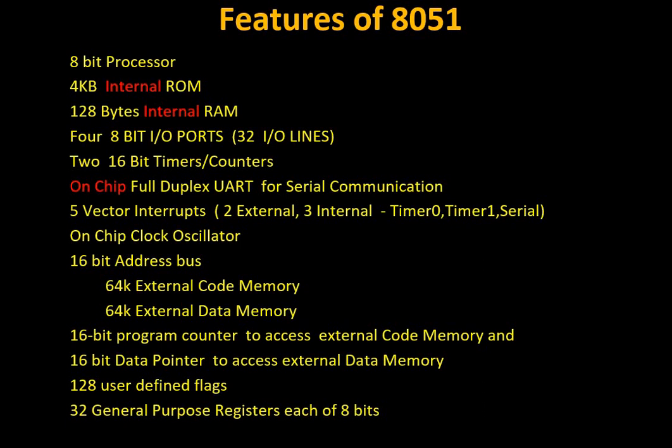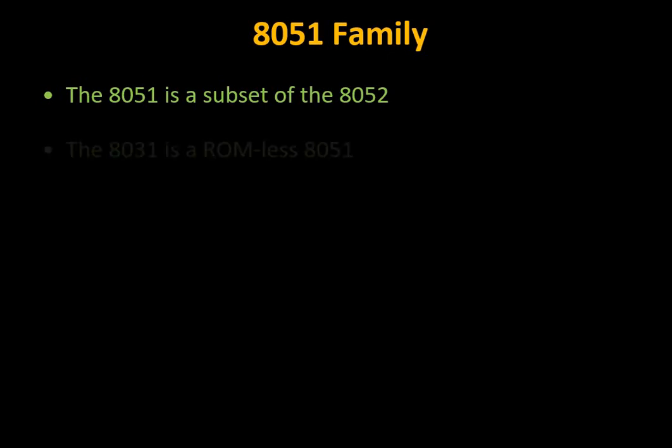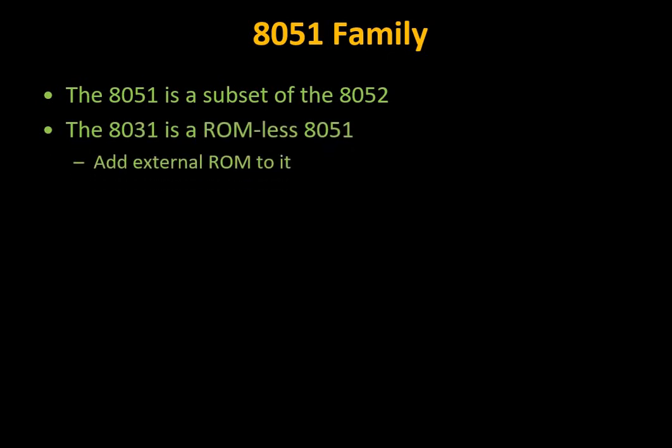Again there is a 16-bit address bus, which gives 64K external code memory and 64K external data memory. Also the 8051 has a 16-bit program counter to access external code memory and a 16-bit data pointer to access external data memory, 128 user defined flags, and 32 general purpose registers of 8 bits. Also the 8051 has a family, in which the 8051 is a subset of the 8052.